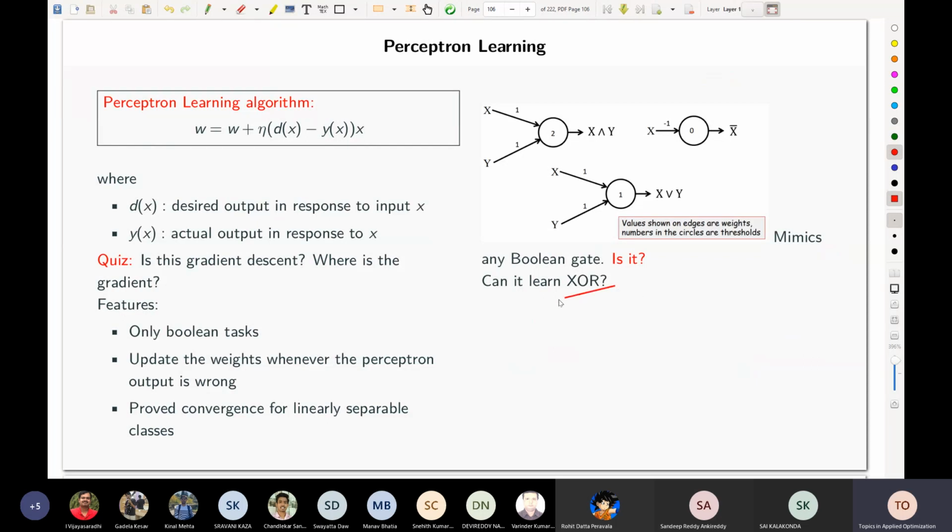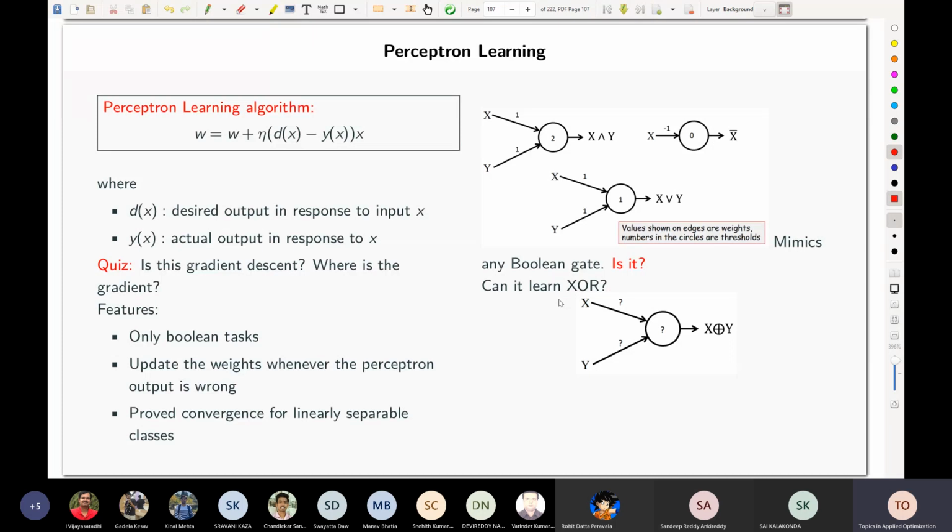But the question is, some people asked, can it learn an XOR operation, the exclusive OR? It turns out that I cannot build a perceptron with any value of the threshold and any values of the weights such that I get an exclusive OR. Remember that these are binary operations, so I will have only 2 inputs and edge weights, because a perceptron looks like this.